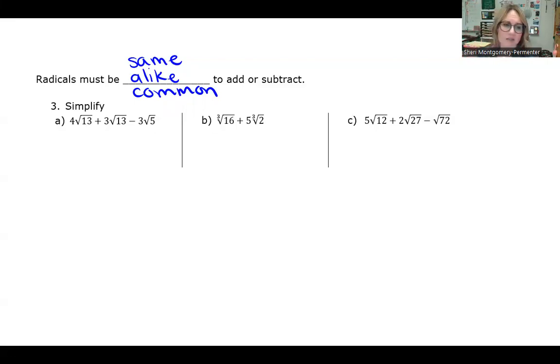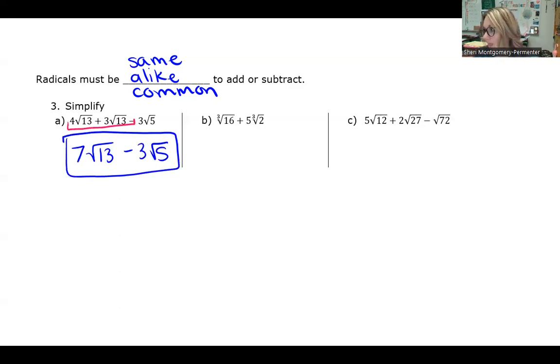No, not gonna happen. So the only thing that you can put together are like radicals. So you can put together square root 13 with square root 13. So this says I have 4, and then I'm going to add 3. So if I have 4 and I add 3, how many do I have? Yep, so I have 7 square root 13. And the square root 5 cannot combine. It just has to be by itself.